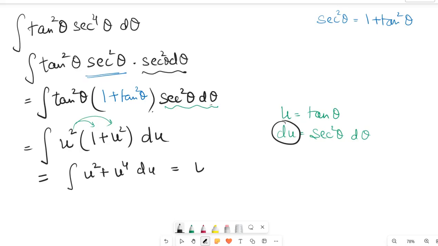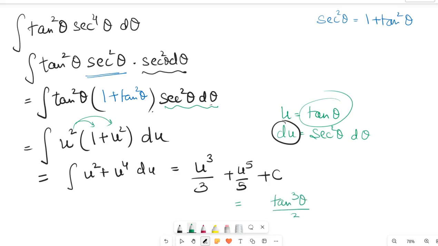Integral of u square using the power rule. But we need to put u back as tangent theta. So the final answer is tangent cube theta by 3 plus tangent power 5 theta by 5 plus c.